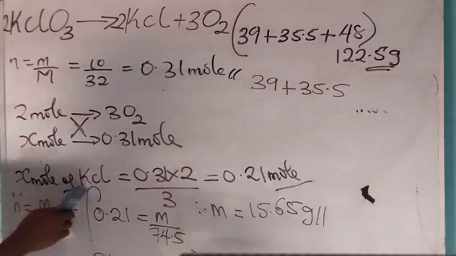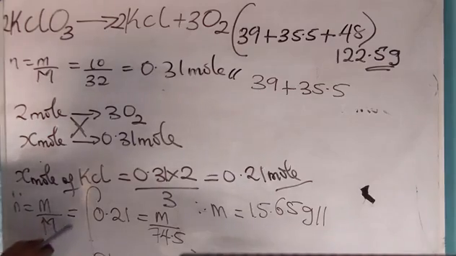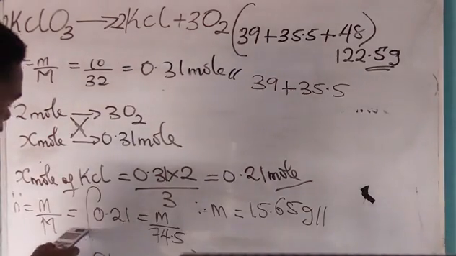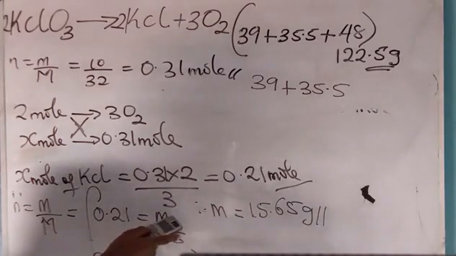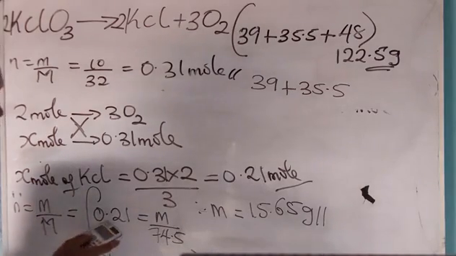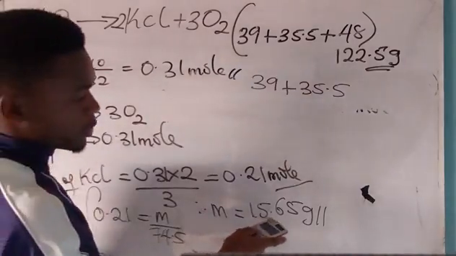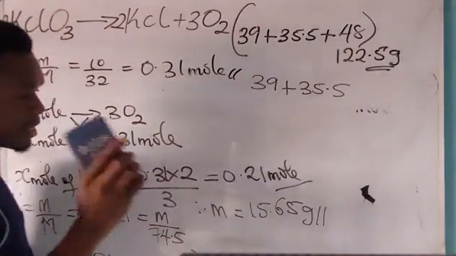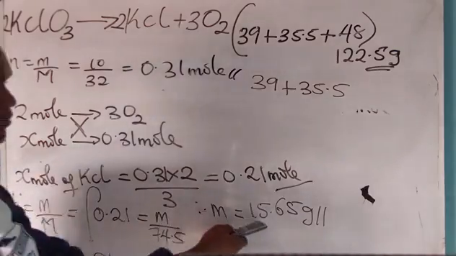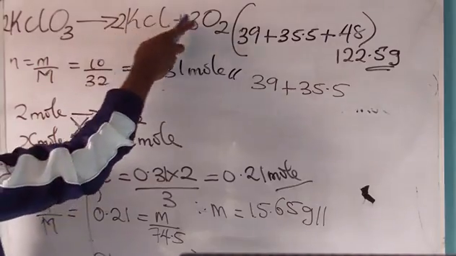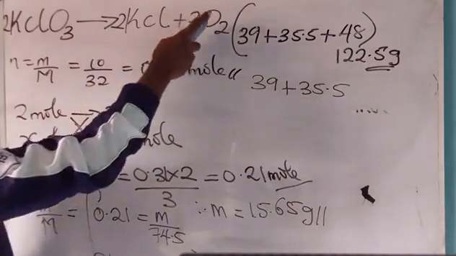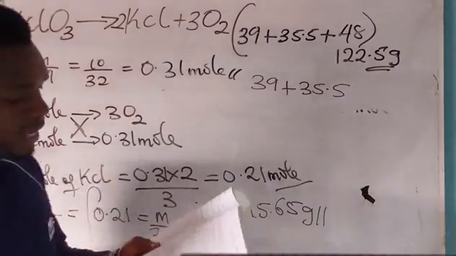The number of moles equals mass over molar mass. Number of moles we got to be 0.21. We are looking for the grams of this, over the molar mass, which is this. So this times this, we have 15.65 grams. It therefore means that 15.65 grams of this is needed for 10 grams of oxygen.